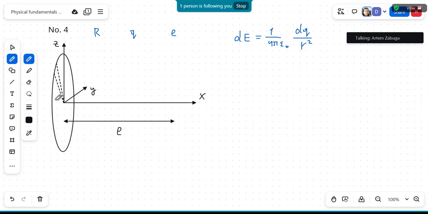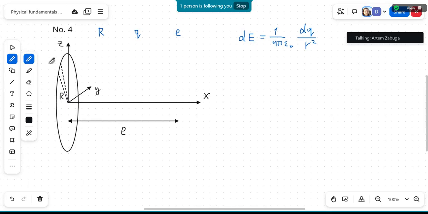Here is the radius R. And this infinitely small part of the ring has charge dq.